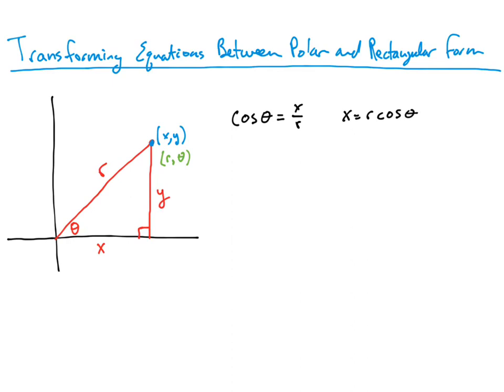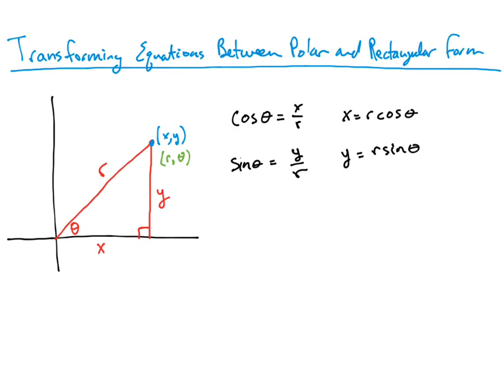So x is the rectangular coordinate, and then r cosine theta would be in polar form. We could say sine of theta is equal to y over r, and again, if we multiply both sides by r, we can write y is equal to r sine of theta.